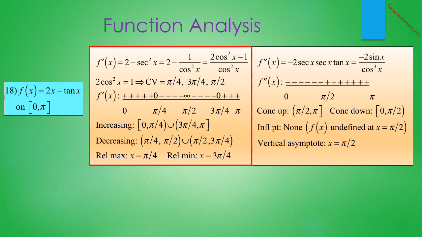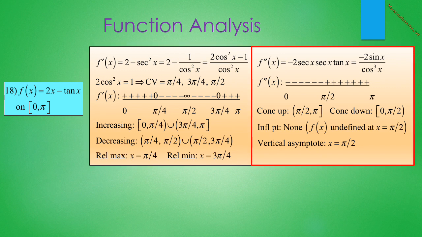So the function is increasing on 0 to pi over 4 and 3 pi over 4 to pi, decreasing on pi over 4 to pi over 2, and pi over 2 to 3 pi over 4, meaning that there is a relative maximum at x equals pi over 4 and a relative minimum at x equals 3 pi over 4.